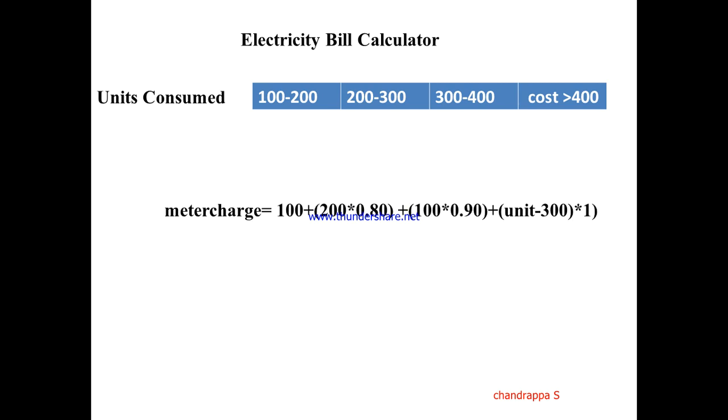Suppose electricity consumed is in between 300 to 400 units.